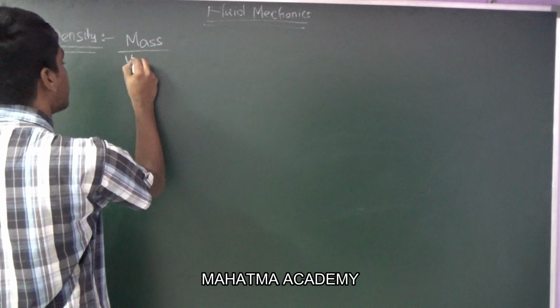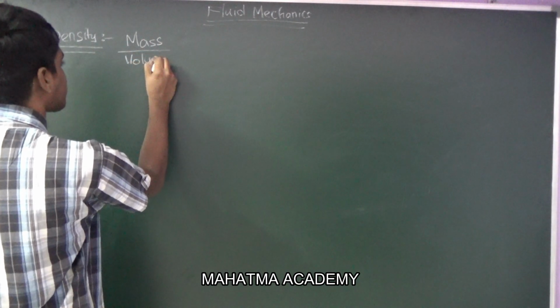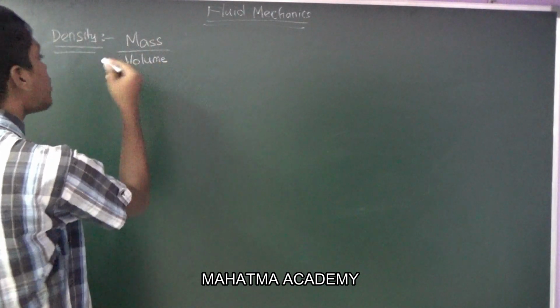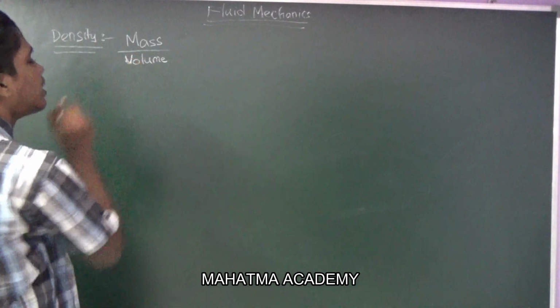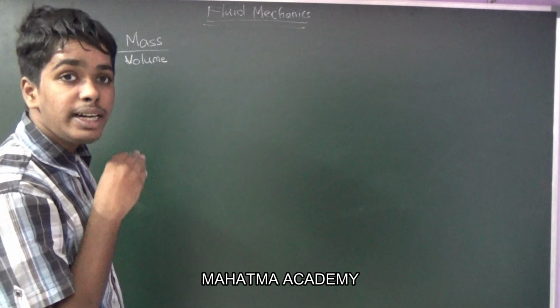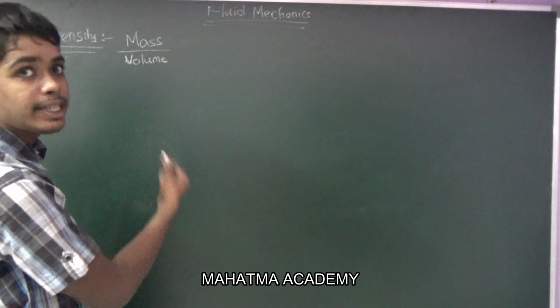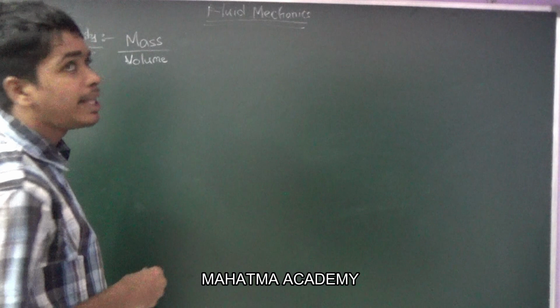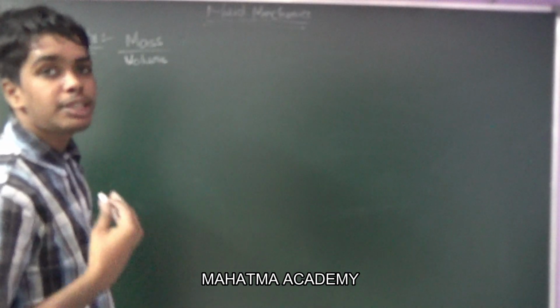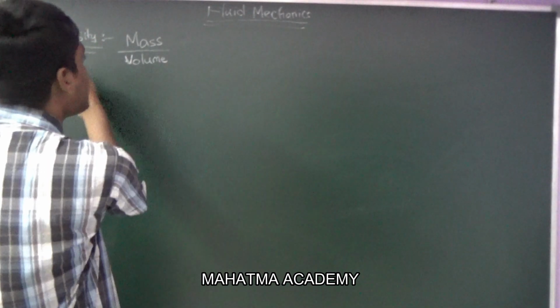Mass upon volume is the formula for density. Density states that for a unit volume, the mass occupied, 1 kg mass, gives the density 1 kg per meter cube.